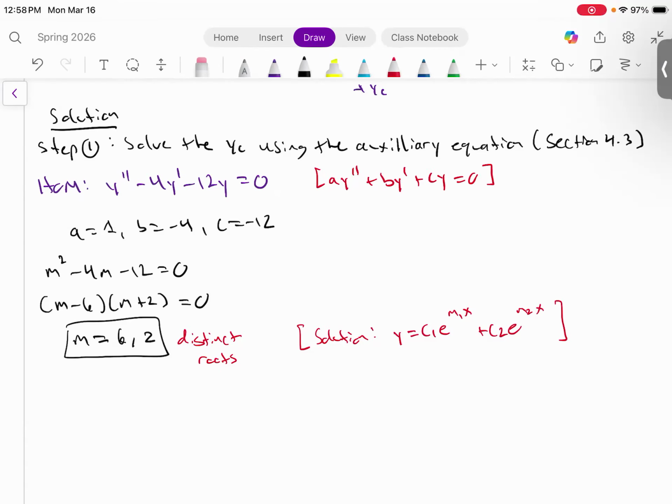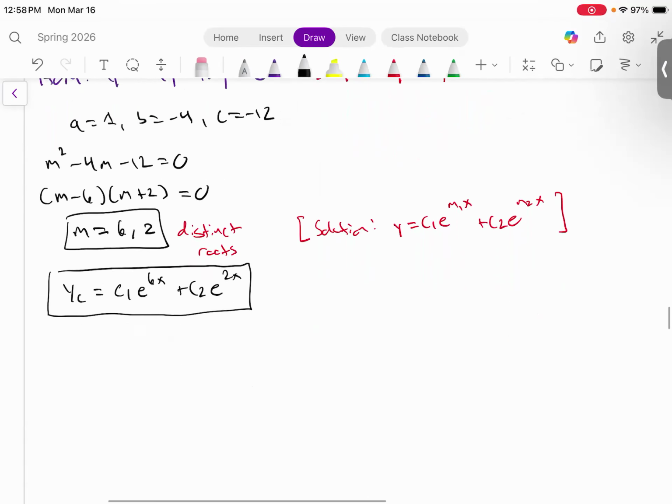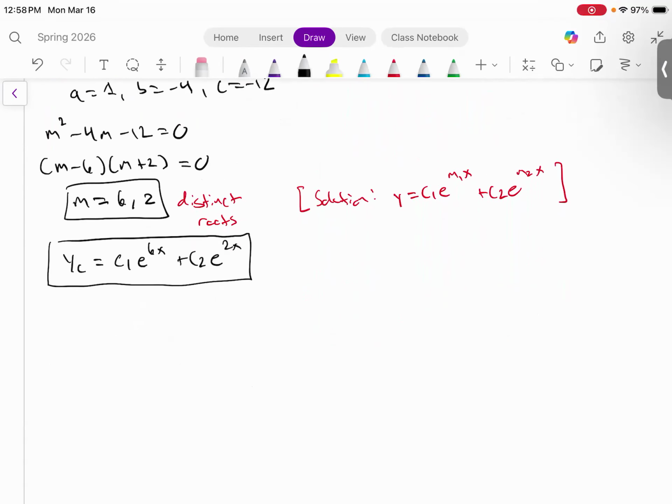And so my complementary solution would then be y sub c equals C1 e to the 6x plus C2 e to the -2x. Okay, so that's my complementary solution. Like I was saying, that's the easy part. The most work for these problems is going to be your particular solution.